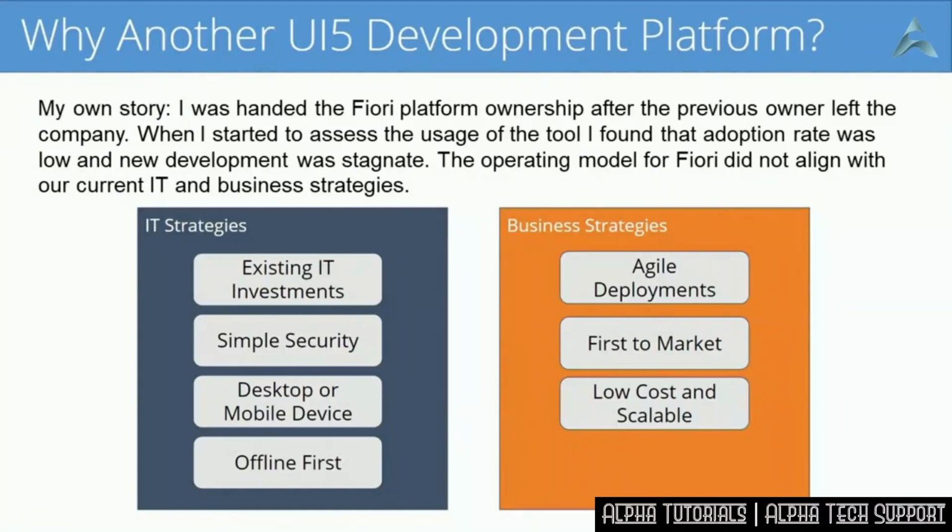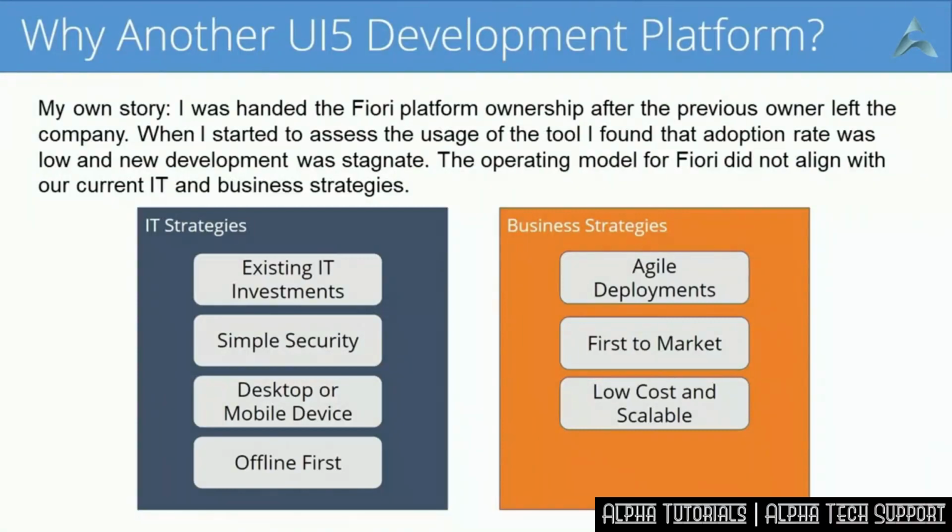And our business very much wanted to be first to market. They could put a dollar amount on being first to market, and we didn't feel at the speed that we were developing in Fiori that we could ever say, hey, we're first to market when a new innovation idea occurs. Low cost and scalable. This one can be somewhat argumentative, but the pricing model for Fiori was very expensive, right?